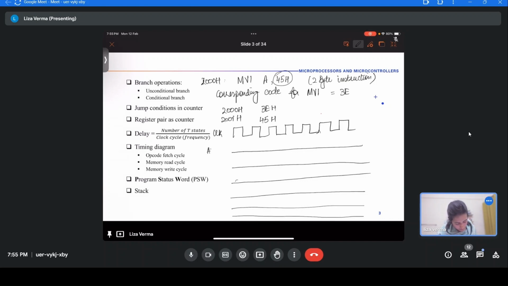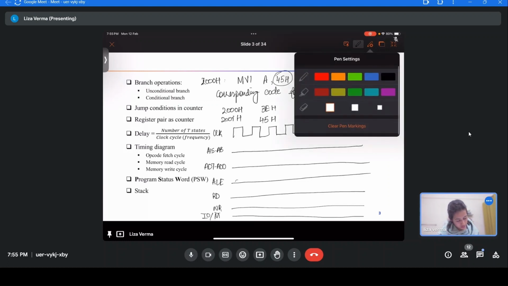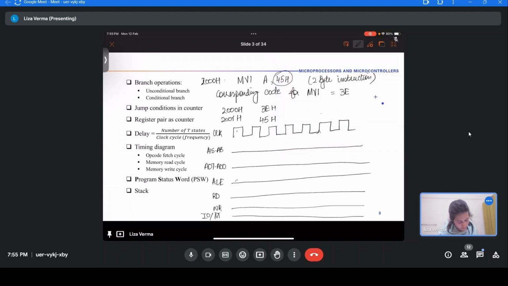This one is A15 to A8, AD7 to AD0, ALE, read, write. First, second, third, fourth, fifth, sixth, seventh.